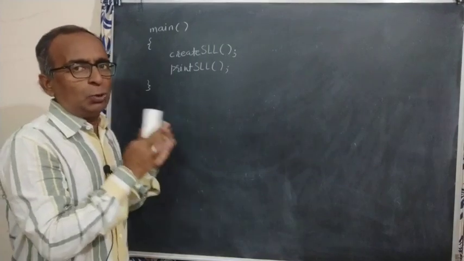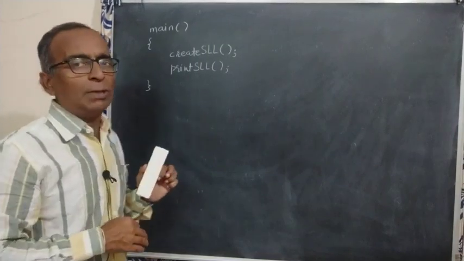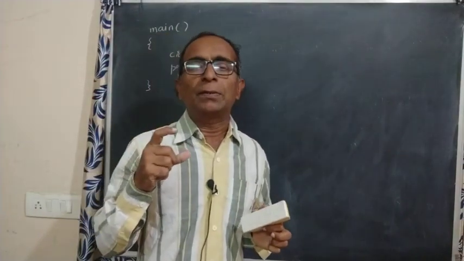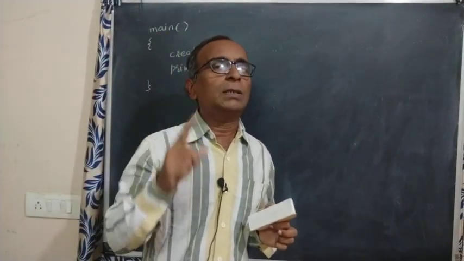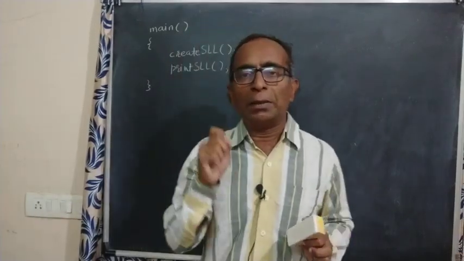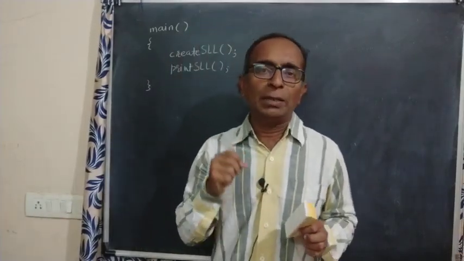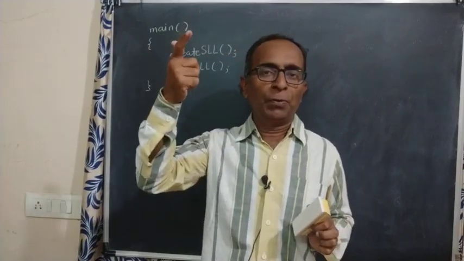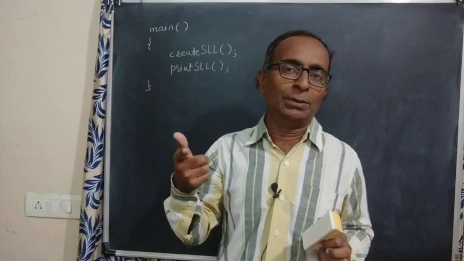I'm assuming that, as always, you already know, in a singly linked list, the first node's address is very important. So I'll write this program by considering that the first node's address is global. Global means before all the functions.